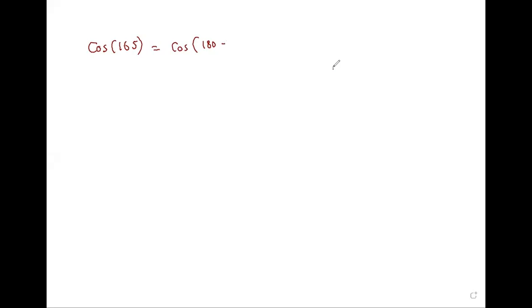So let's change the identity. Let's use this one. That will be easier than that. If I have cos of x over 2, it is the root of 1 plus cos x over 2.